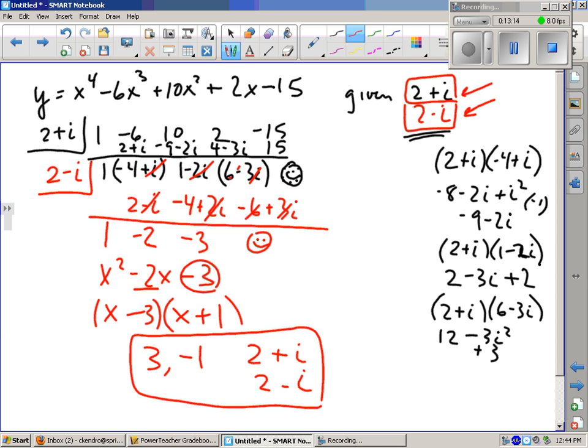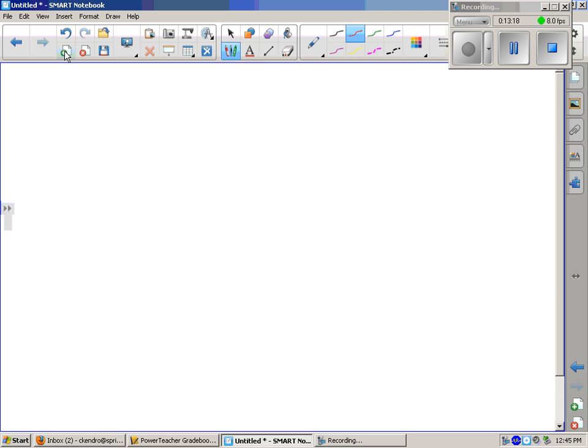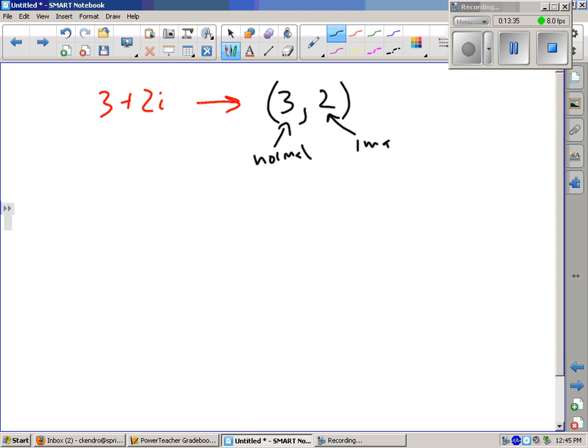Now, on your graphing calculator, it looks very strange when you get imaginary answers. If I have 3 plus 2i on the graphing calculator, it's going to look like 3, 2. This is the normal number. This is the imaginary number. Okay, so let's do a couple more.